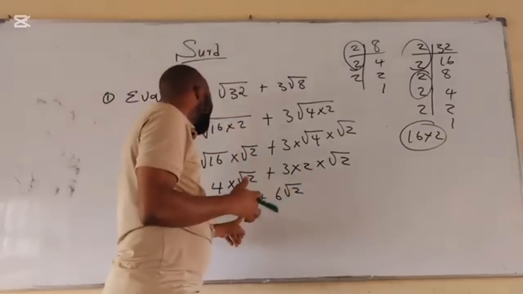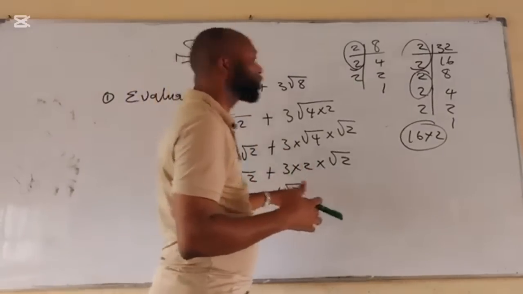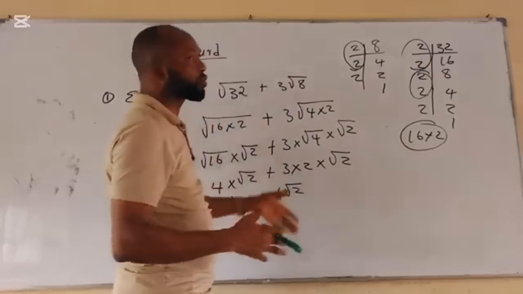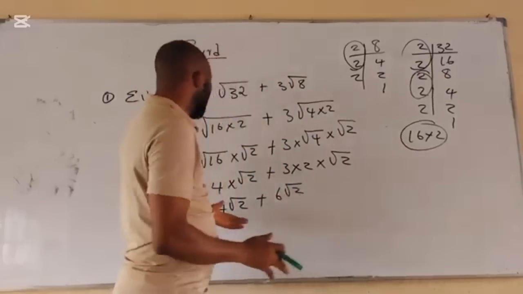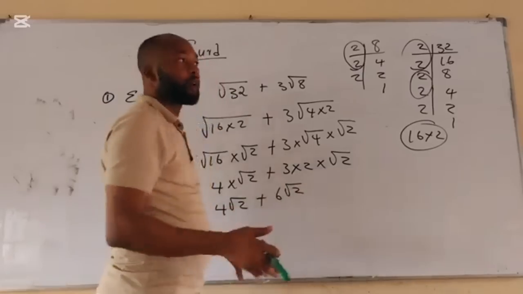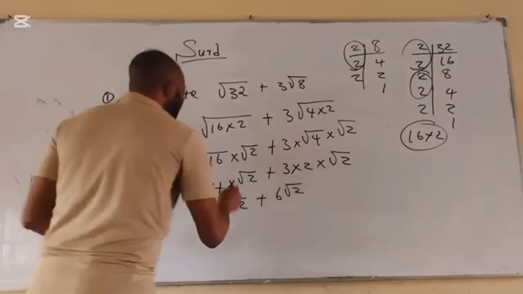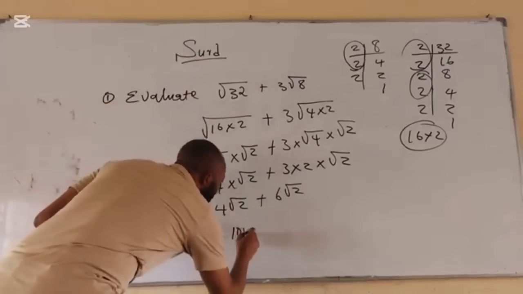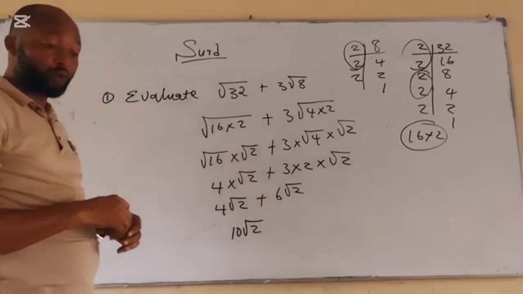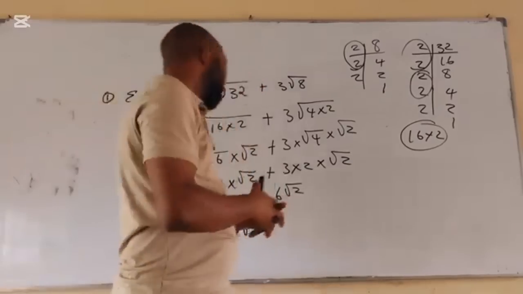If you check it, we have root 2 here and root 2 here. They are similar. So 4 root 2 plus 6 root 2 will give us 10 root 2. This is like 4 apples plus 6 apples will give us 10 apples, which is now 10 root 2. So that's how that goes in the addition of surds.